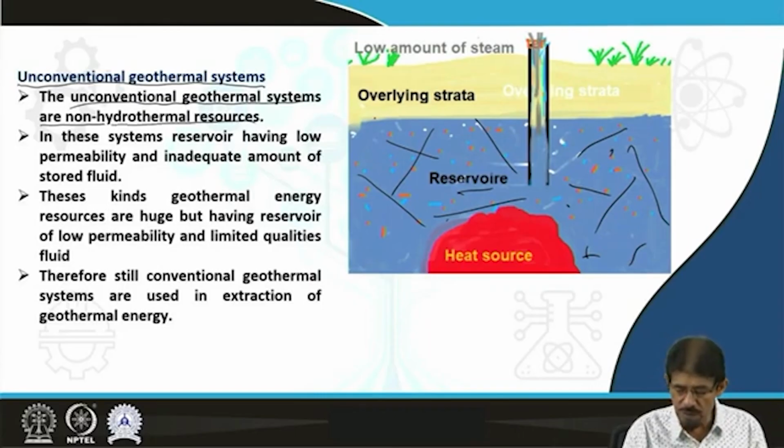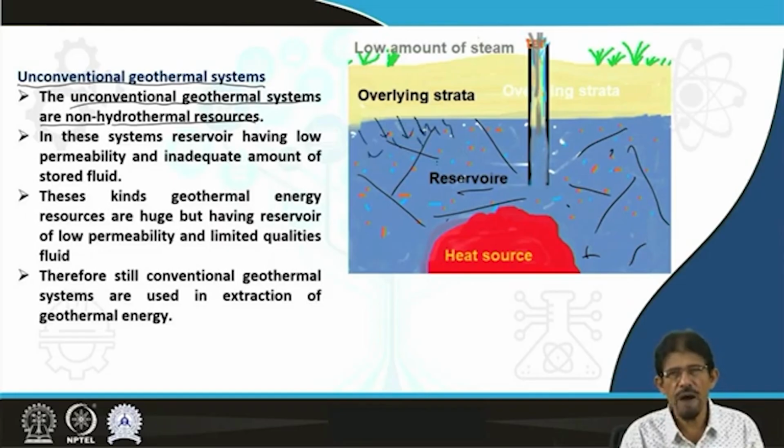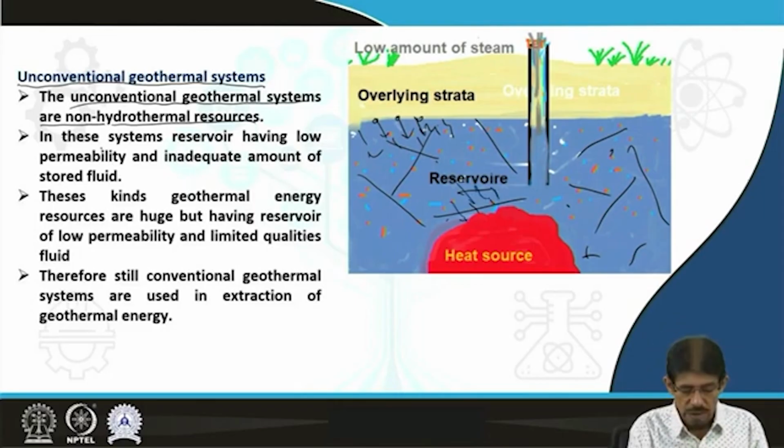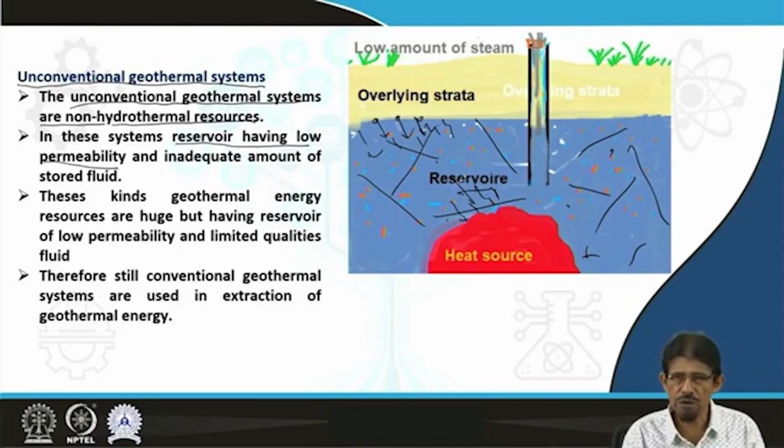In this system, the water is not available to move or change its position from one point to another to reach the heat source. In this system, the reservoir has low permeability and an inadequate amount of stored fluid. Therefore, we recognize this type of system as a non-hydrothermal system.